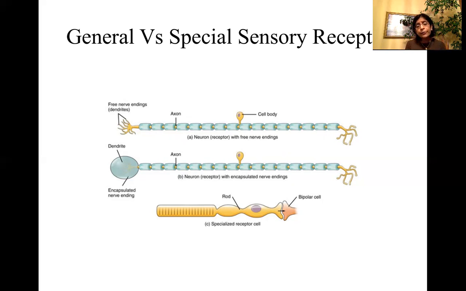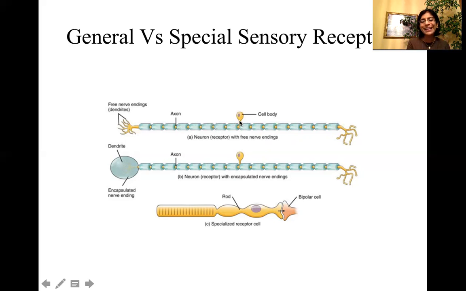One other form of classification is based on the structure. That's what we have here, so let's go over it. The first one that you see here is a very simple type of sensory receptor. You can recognize this as a unipolar neuron.